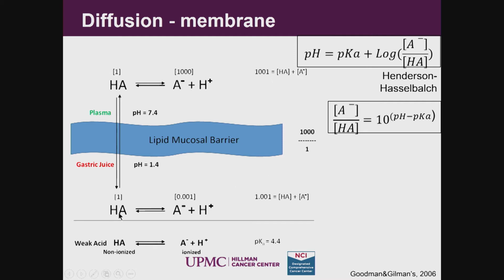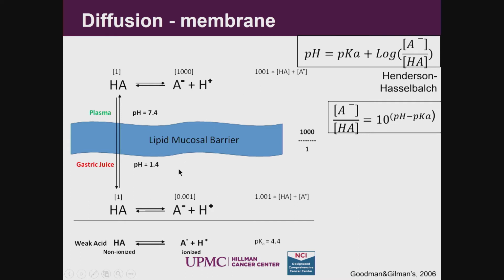Now I just mentioned that only the neutral form will pass membranes, and as we see here, for each one neutral molecule, there are 1,000 anions, and this is based on the pH in plasma, 7.4, and the pKa of this compound, 4.4. The total number of molecules is depicted here, 1,001.